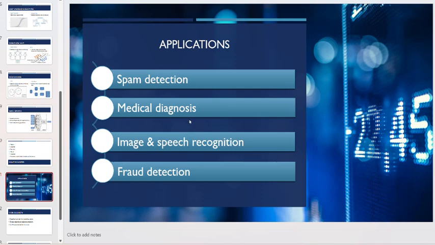In social media, content moderation and recommendation. In retail, customer segmentation and product suggestions. In law enforcement, face or license plate recognition. Classifiers drive decision making in smart systems, and fraud detection is also very powerful.